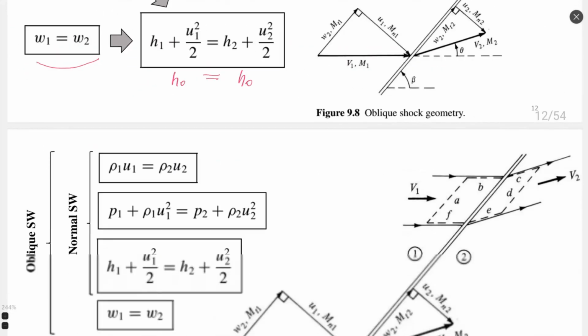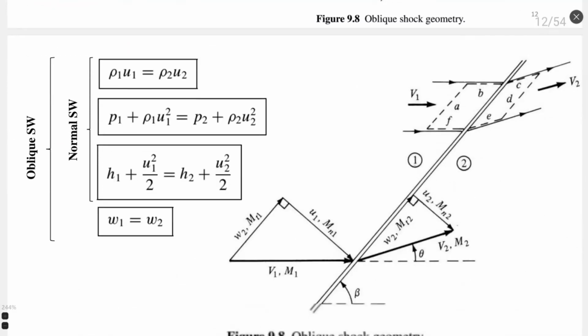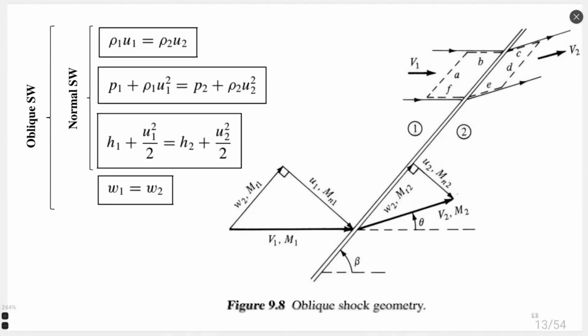Now we can summarize everything that we already saw in previous equations. We see that there are totally 4 equations. The first 3 equations are absolutely the same as we had in the theory of normal shock wave. And there is a fourth equation which is different, as it belongs just to oblique shock wave theory.